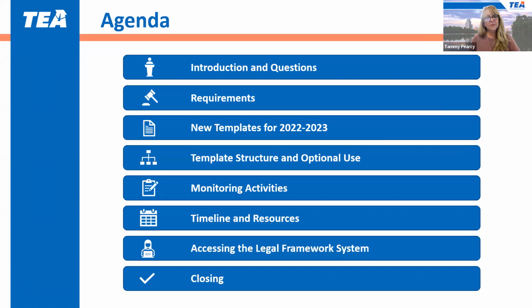Some timeline and resources we'll provide you, and then Lee will give us an overview of how to access the legal framework for the authoring system for you to upload and provide those to us. And then we'll have a little closing, and if we have time for a few questions, then we'll circulate those questions. So let's get started.